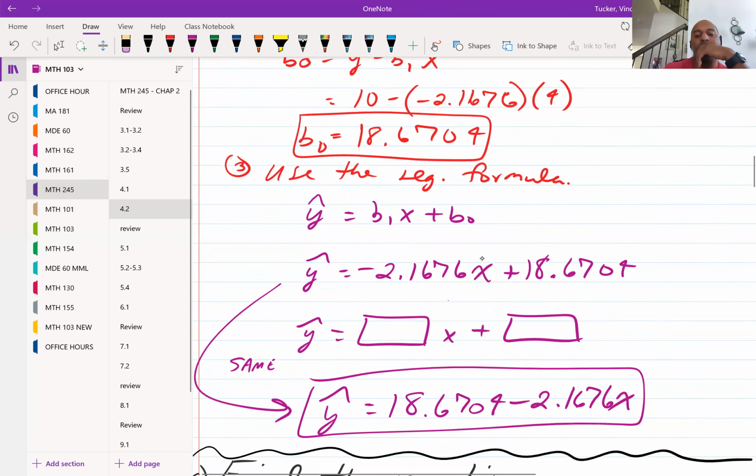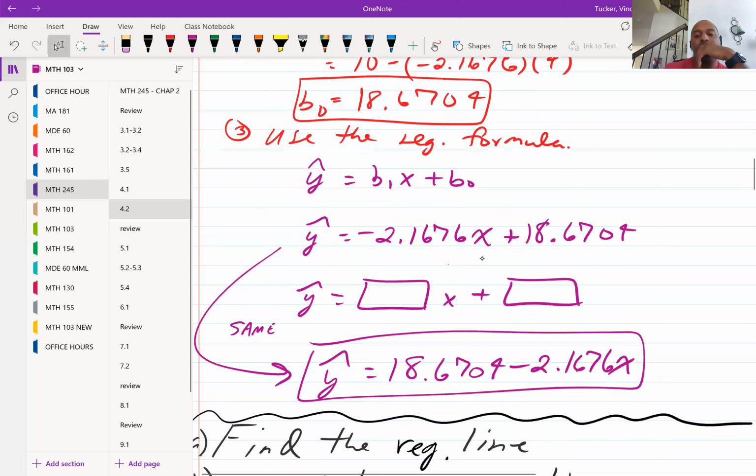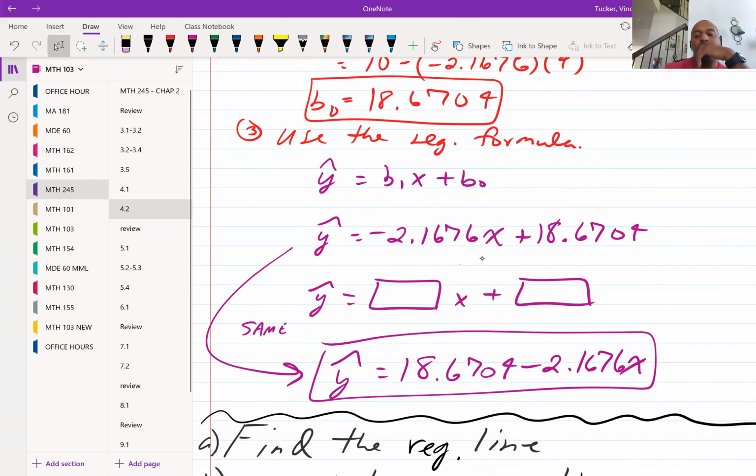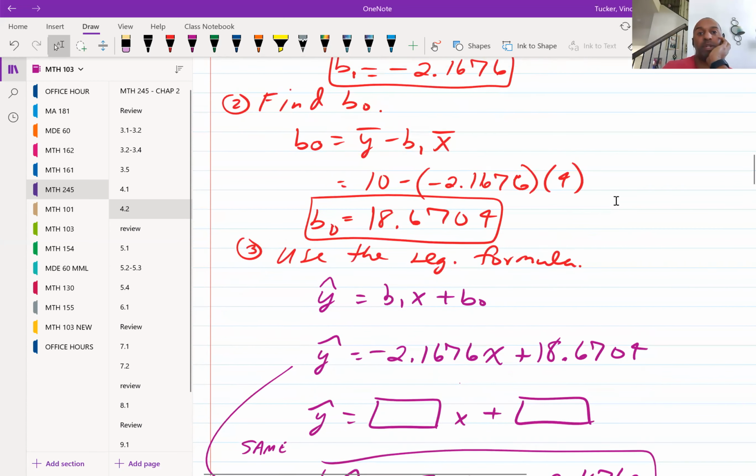Any questions? Not sure what you mean by that. You just put regression calculations. Oh, you're talking about finding B1 and B0?